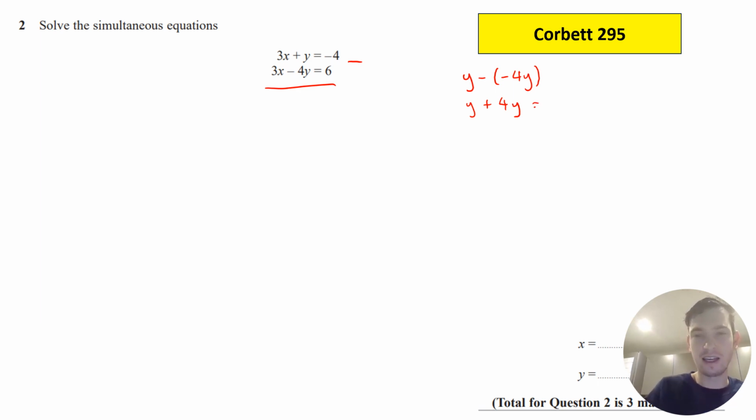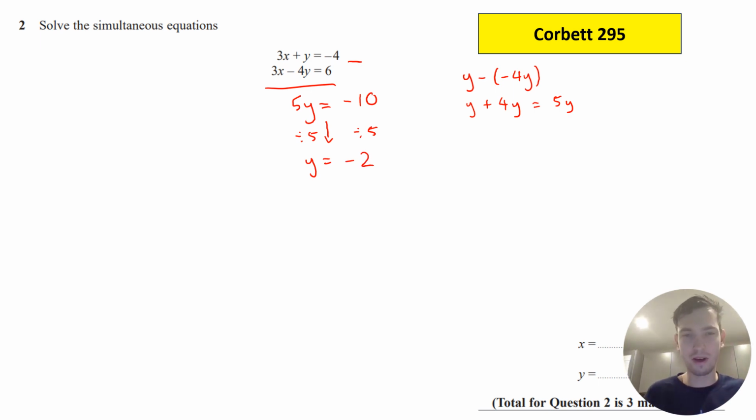So that is 5y. And then minus 4 minus 6, well, you can put it in your calculator just in case, but it is negative 10. Now to find out what y is, divide by 5 on both sides, y equals minus 2.